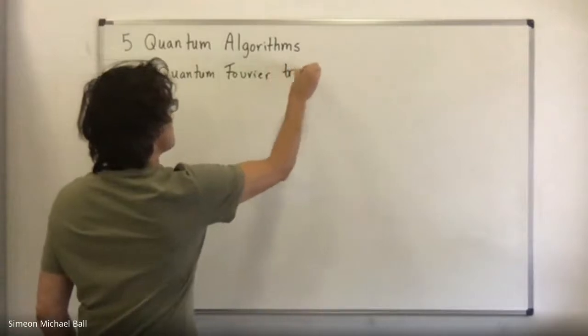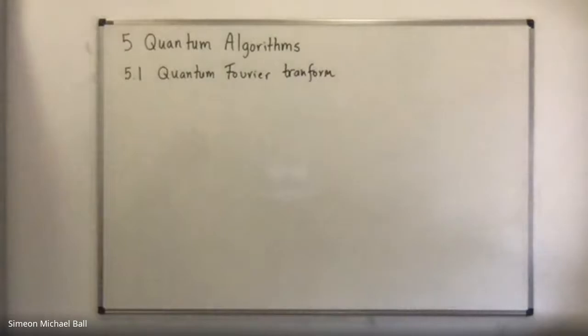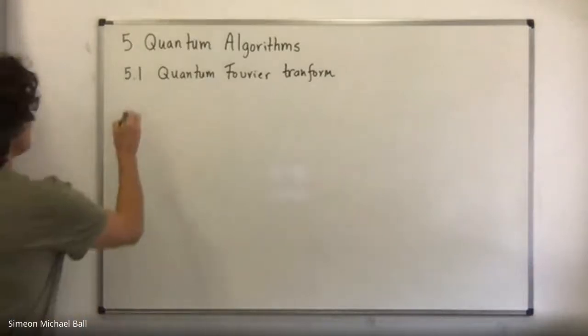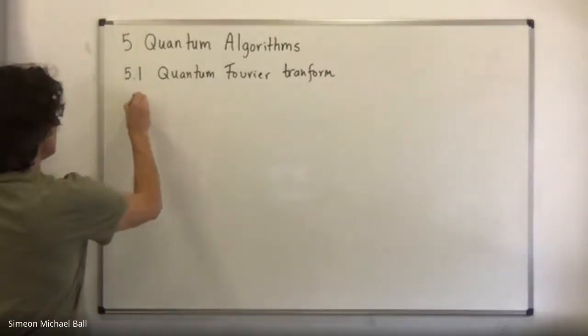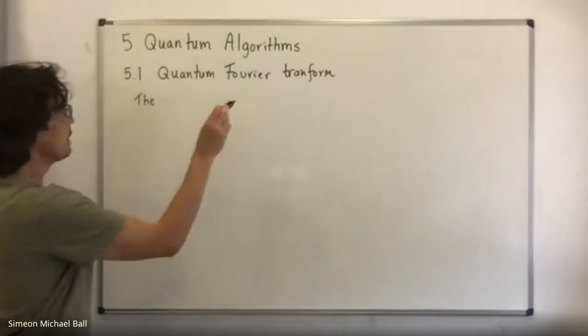This is a kind of discrete Fourier transform, and we can define it on any old complex space. So imagine we have an n-dimensional complex space.